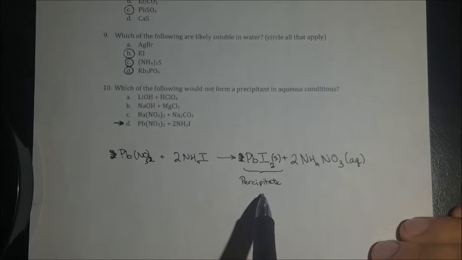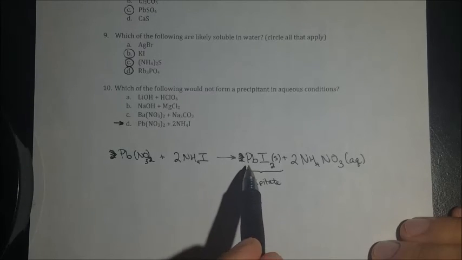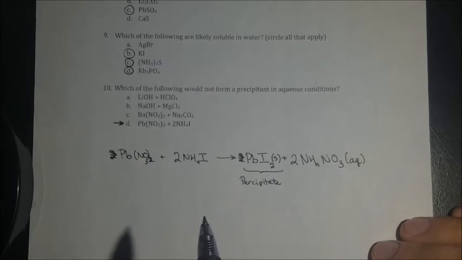So how do you know this is a precipitate? Well, this is something that you can look up on a table. You know that lead combining with iodide would make a solid. So the example that we chose here would indeed form a precipitate, so obviously D would not be the right answer because we're asking which would not form a precipitate.